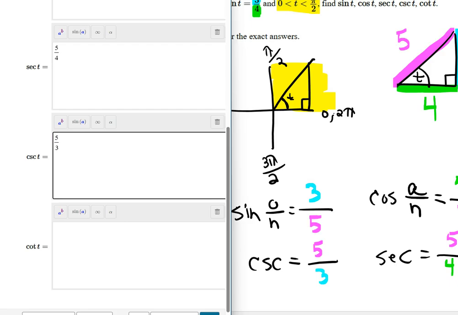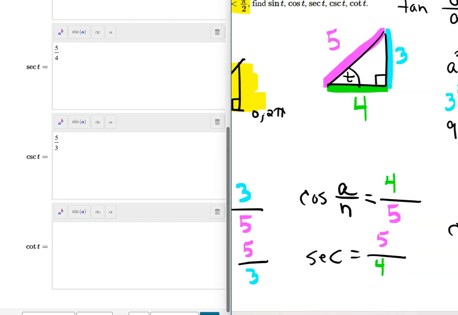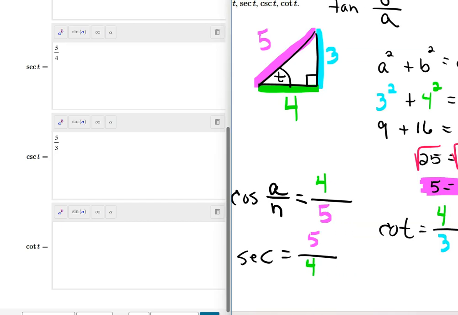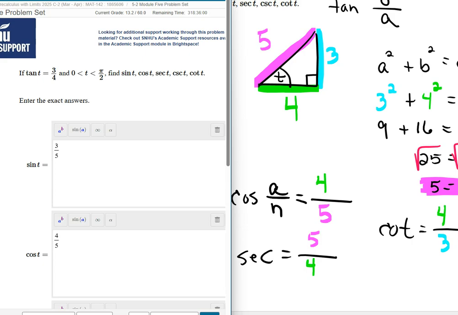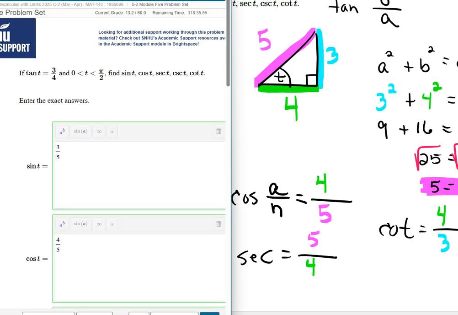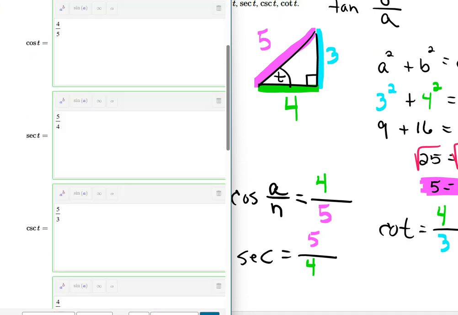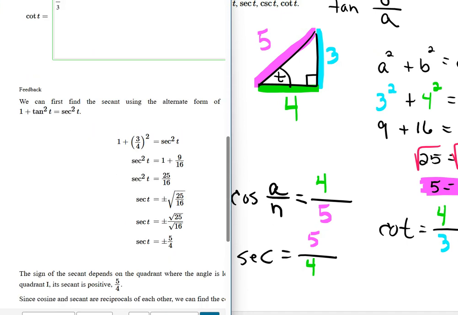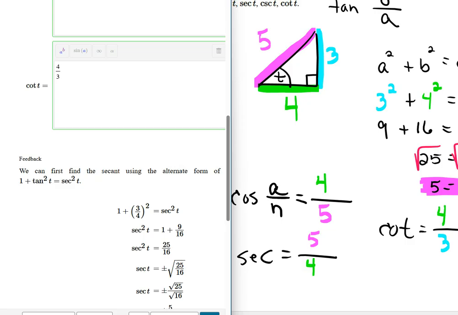And cotangent is 4 over 3. All right. Did I do it? I'm looking for all greens. There we go. Green, green, green, green, and green. Good job.